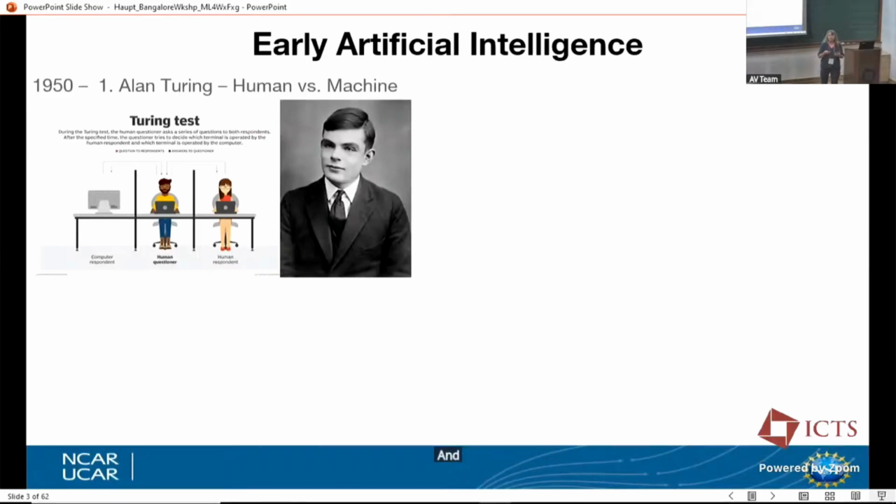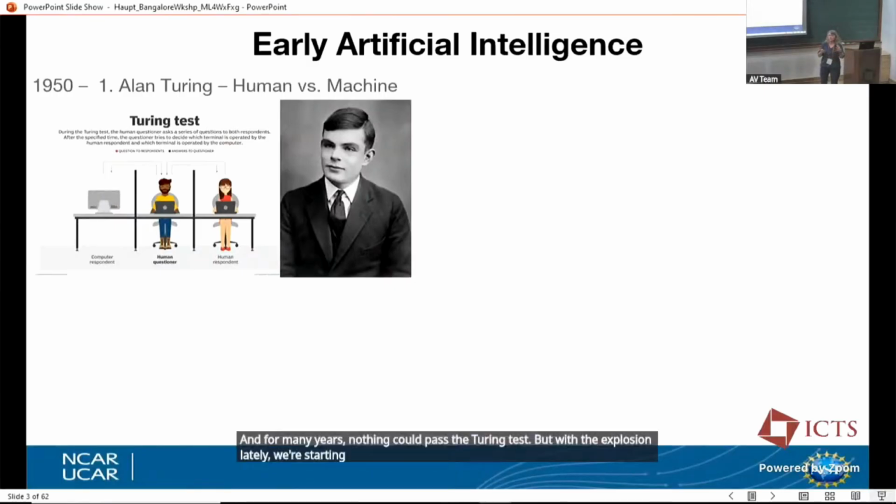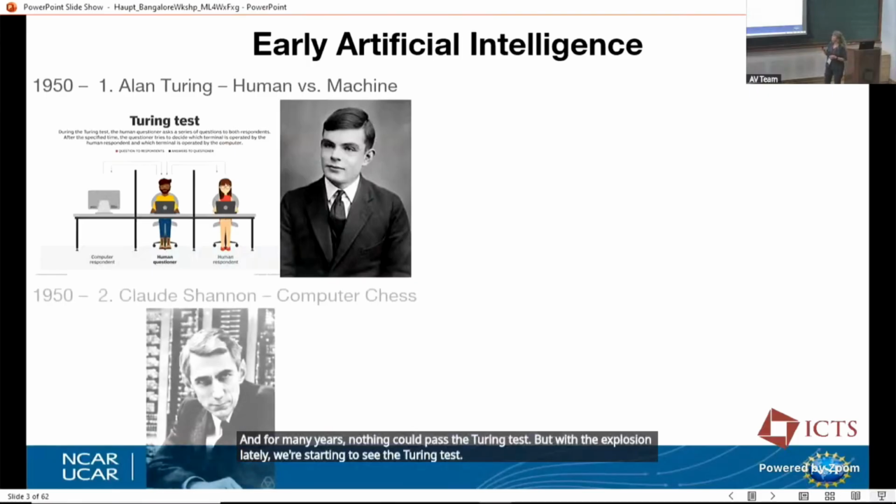And you've all surely heard of this, where the idea is you're asking questions to a system, and the idea is to tell whether the answer is coming from a human or a machine. And for many years, nothing could pass the Turing test. But with the explosion lately, we're starting to see the Turing test be tested.